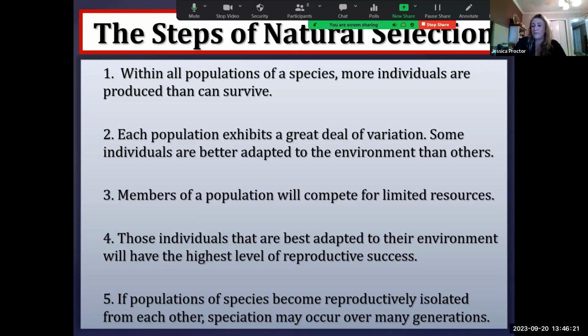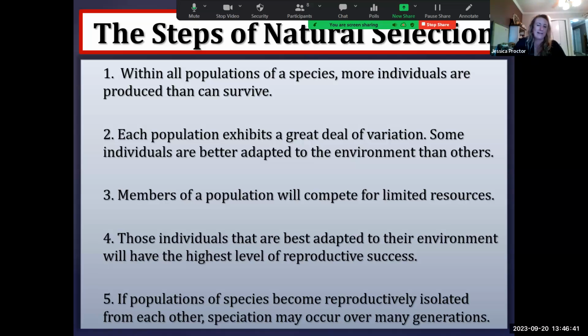But when they switch resources, they may then be competing with whoever else was reliant upon those resources. So when there's competition for limited resources, that's also when you start to see individuals die out in the population.